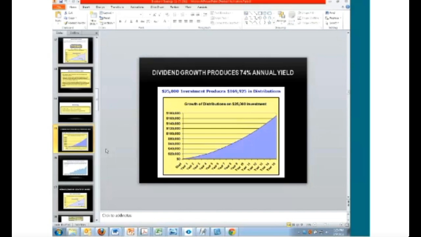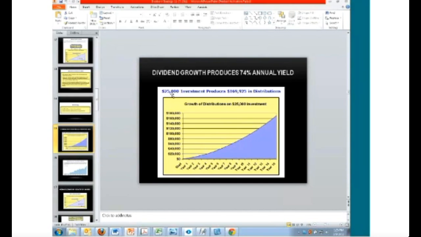And if you had invested $25,000 in Kinder Morgan 15 years ago, that $25,000 investment would have spun off over $169,000 in distributions. So that's $169,000 cash distribution based on a $25,000 investment.